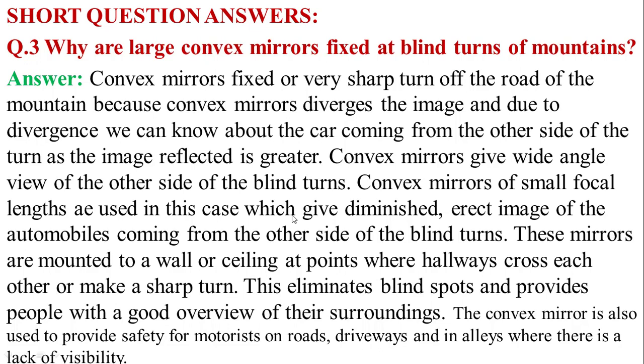We can know about a car coming from the side of the turn as the image reflected is greater. A convex mirror gives a wide-angle view of the other side of the blind turn. A convex mirror has a small focal length, so it is used to give a diminished image.